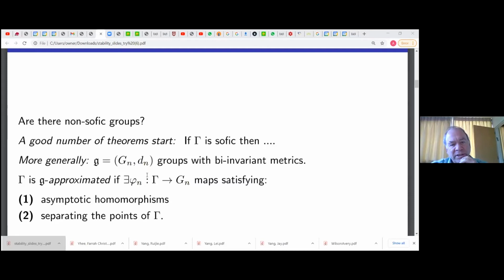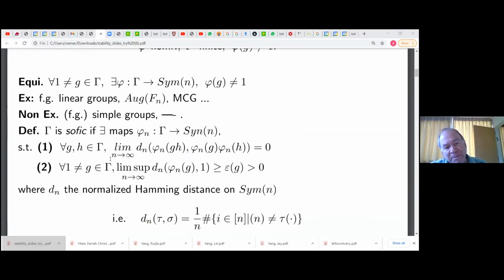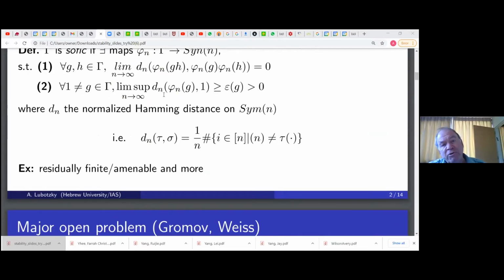Anyway, if I take this family of Gn and Dn, I would say that gamma is G-approximated with respect to this family if there exist maps phi n from gamma to Gn such that they are asymptotic homomorphisms, namely condition one here, that the maps phi n are eventually converging to homomorphisms, and the points of the group are separated by this family of maps.